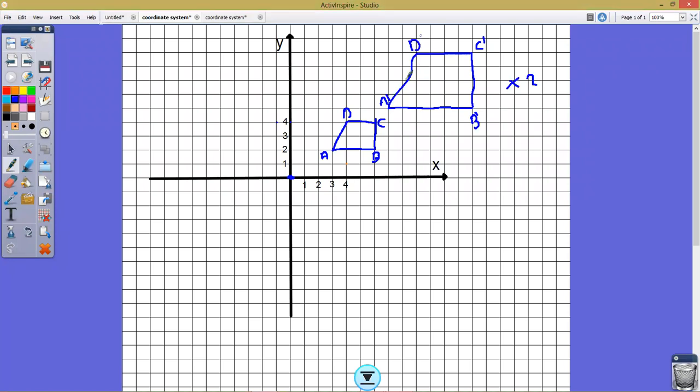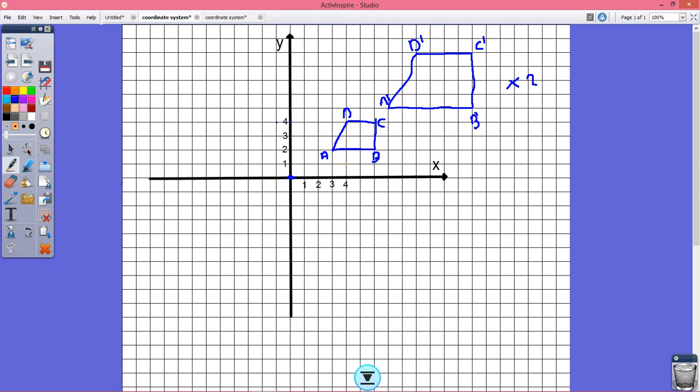Now we did the enlargement. Enlargement scale is 2, and the center of enlargement is here. Now with respect to this one, we did our enlargement.